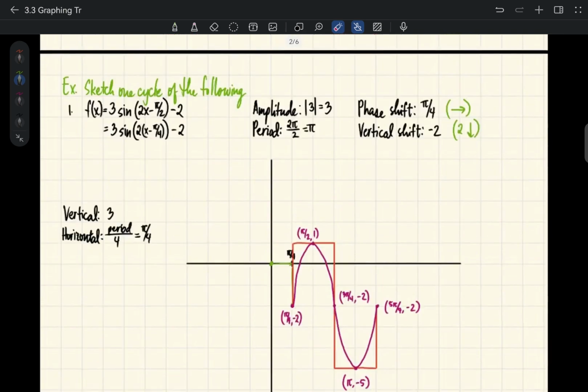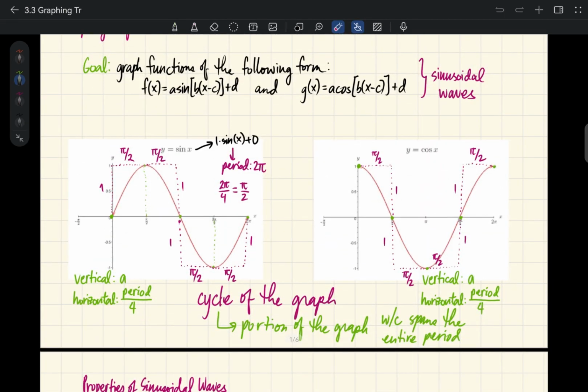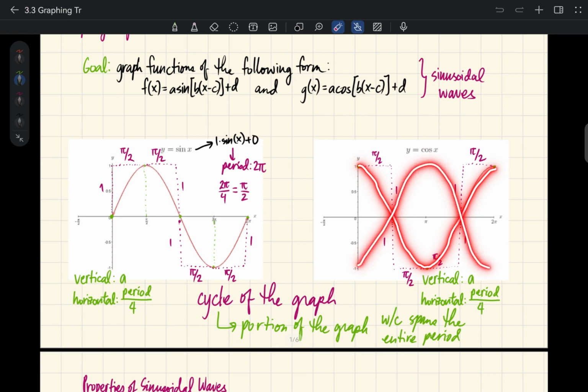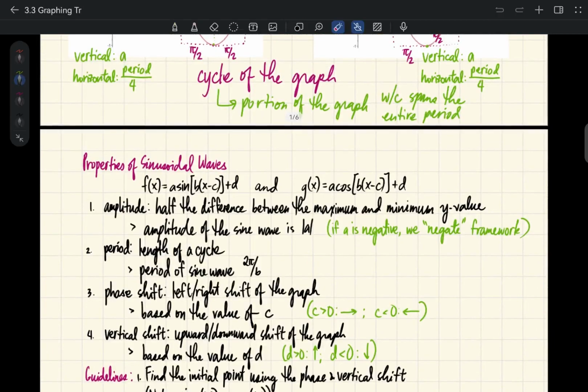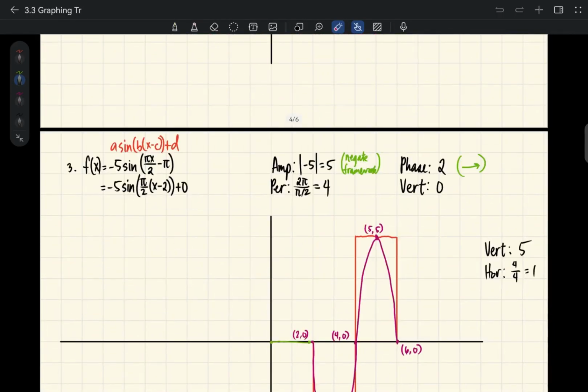If we look at the original graph, if we multiply this by negative 1, the graph will revert. It will be reflected with respect to the x-axis. So your maximum point right here becomes a minimum point rather.